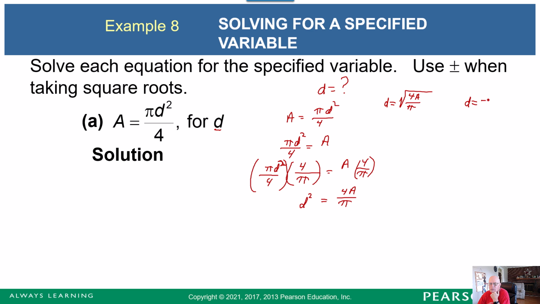Or since those are both square roots, you could write it like this. You could write it as 2 square root of a over pi. One possible answer. That means up here, this one will be the same thing except a minus sign in front.